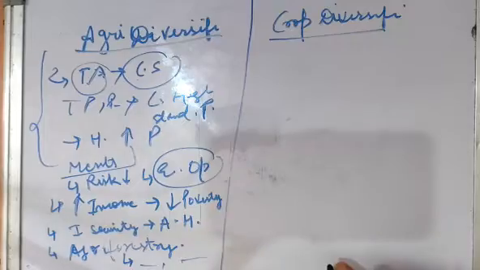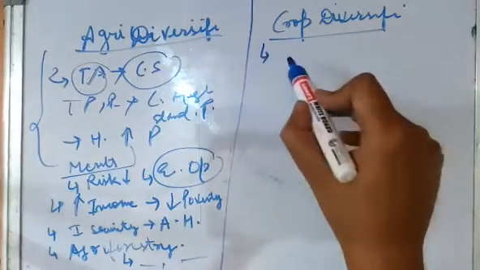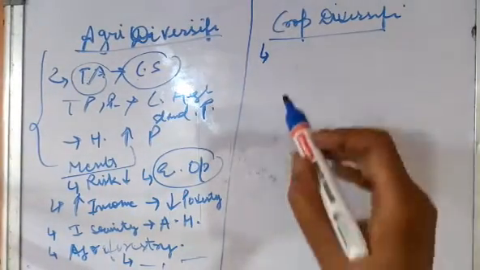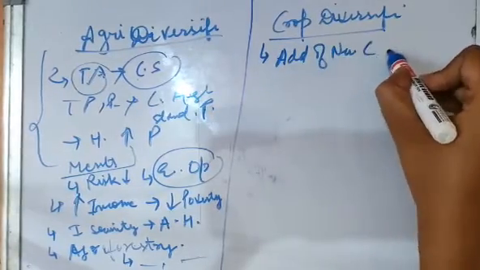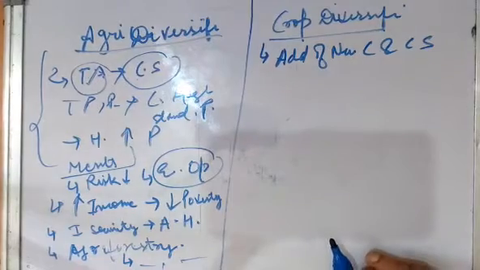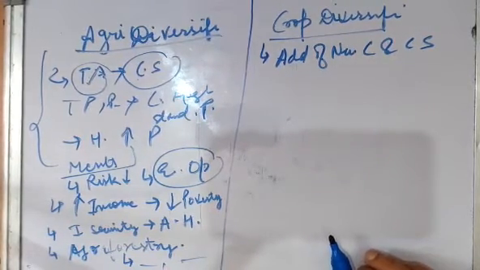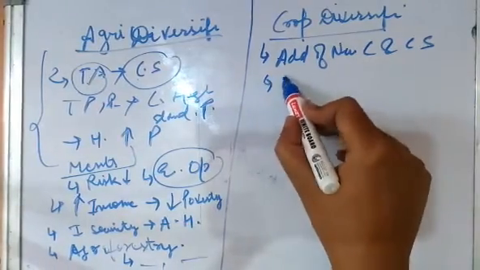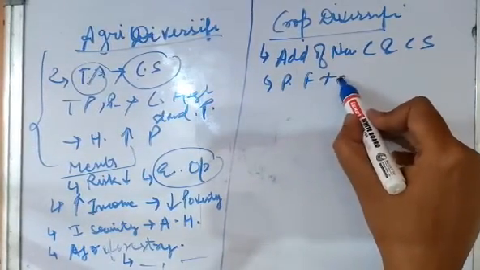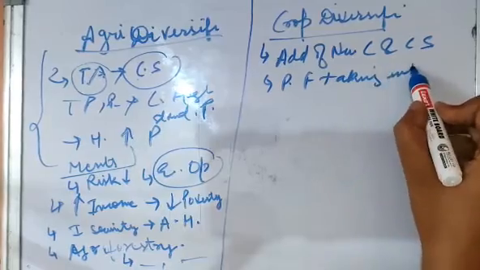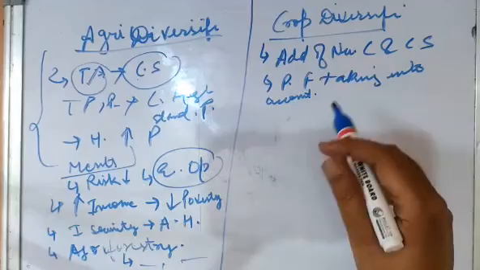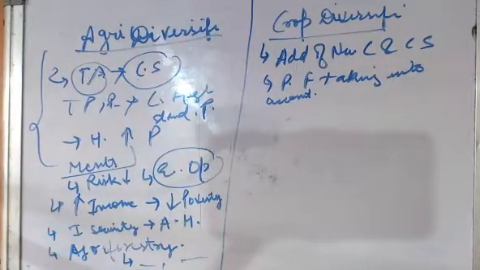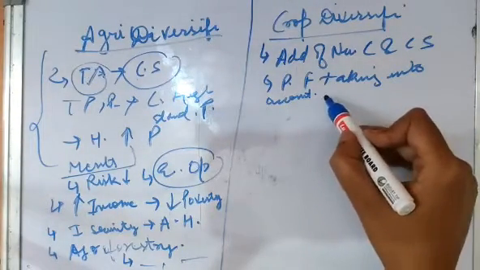Now moving on, what is crop diversification? It is the addition of new crops or cropping systems in agriculture production on a particular farm, taking into account the different returns for value-added crops with complementary marketing opportunities.